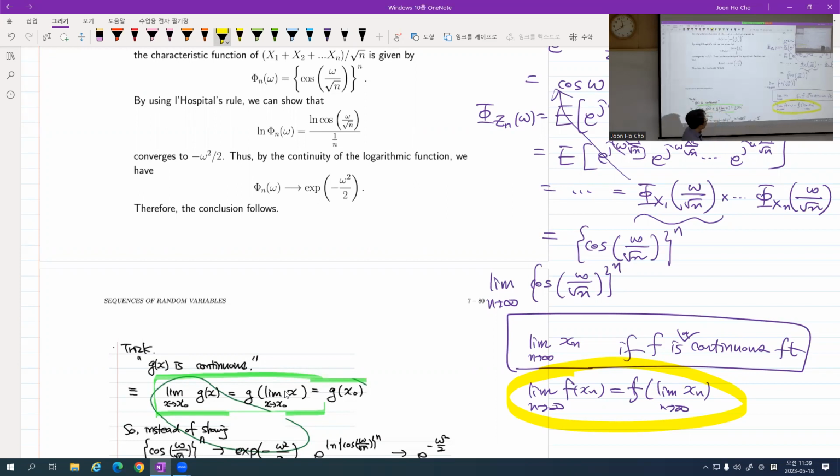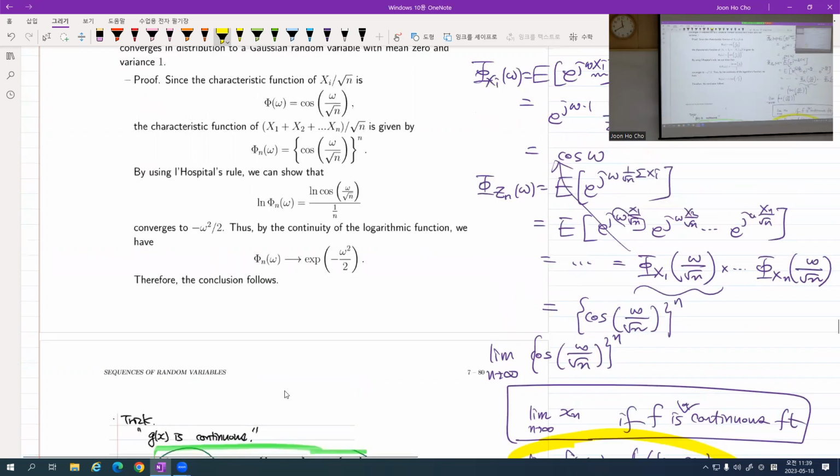So instead of finding this one, you find the limit of log of that one. Here you take the log of the characteristic function and derive the limit, and then you take that as the exponent of the exponential function, because the exponential and logarithmic functions are inverse functions.